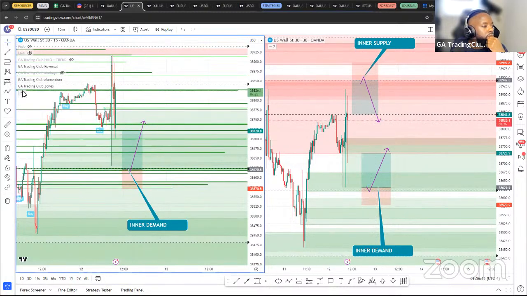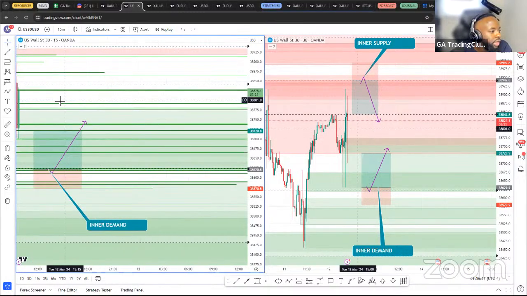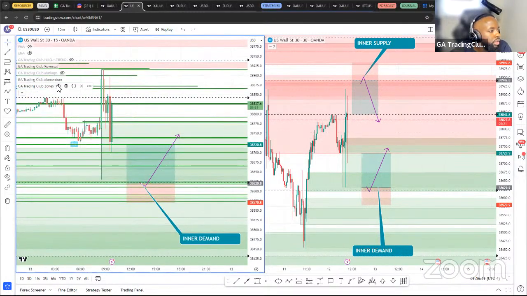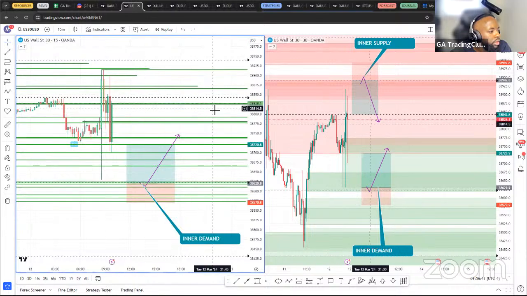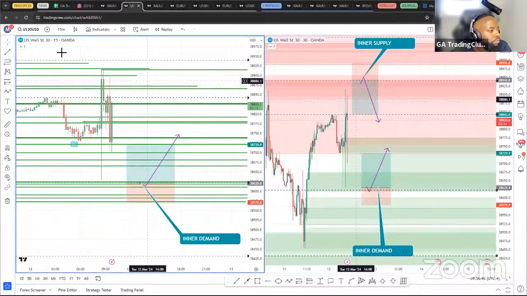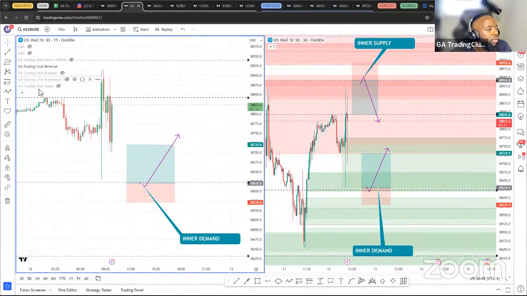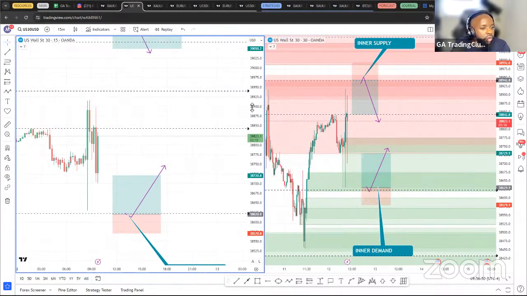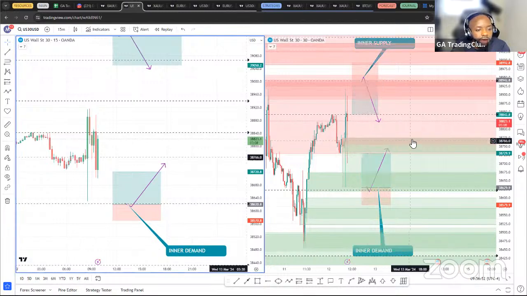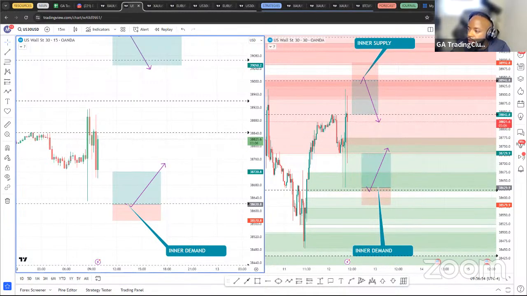Let's turn this on. Let's see for any SAR entries. Nah. All right. So unless we get this retracement on EU, oh, this is US 30.